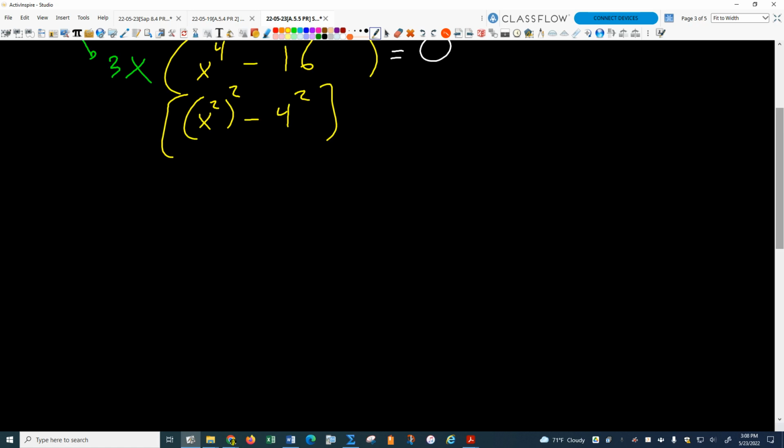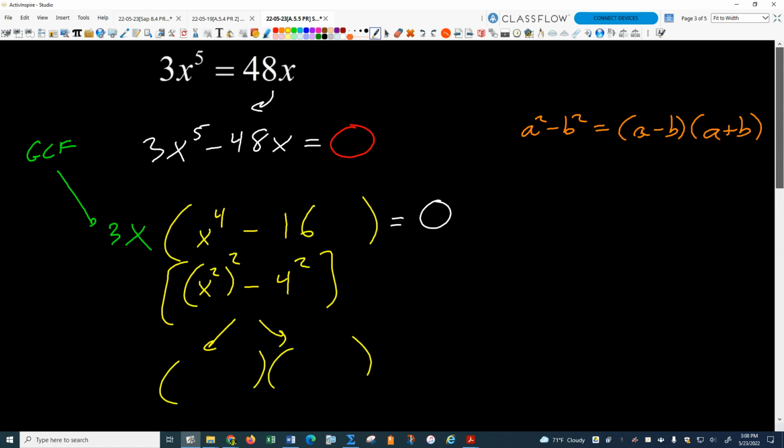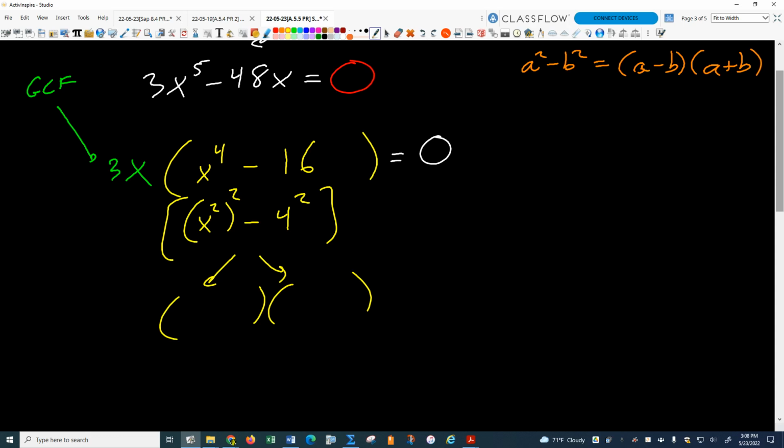So how is that going to factor? Sam, how's that going to factor? And again, here's our pattern, right? So how do I factor that difference of squares, the yellow difference of squares?